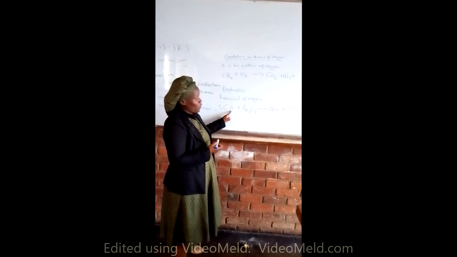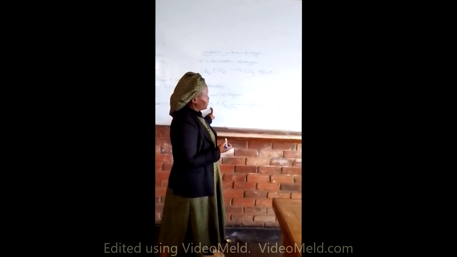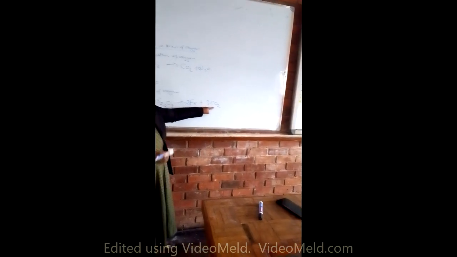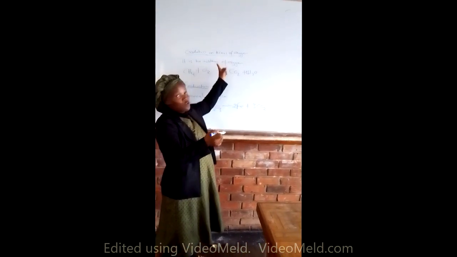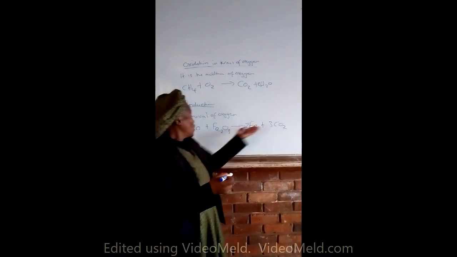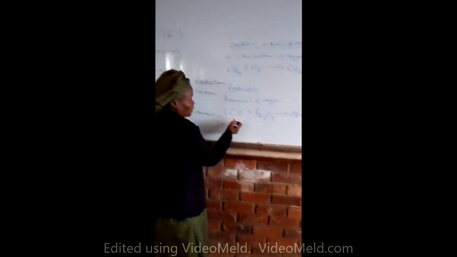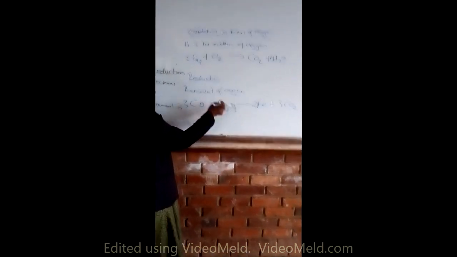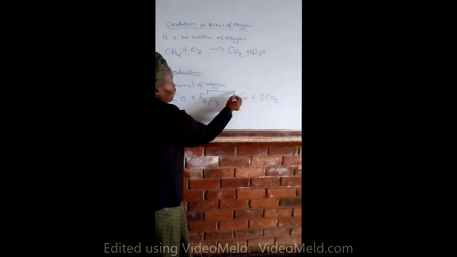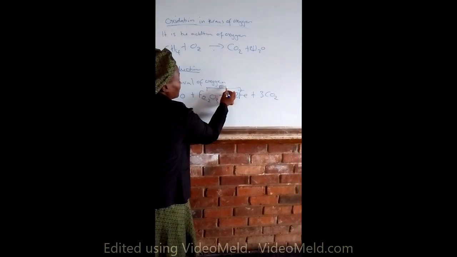Here there is only one oxygen, but let's go to the products. We now have two oxygens. So oxygen has been added. Look at the definition above. Addition is oxidation. So carbon monoxide is oxidized, whereas iron 3 oxide is reduced. So from here to there, this is reduction.